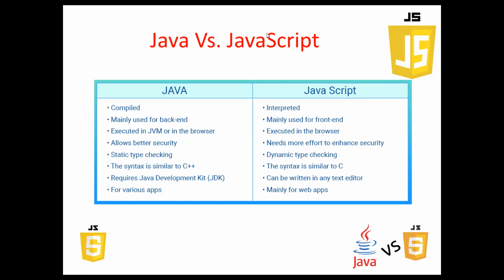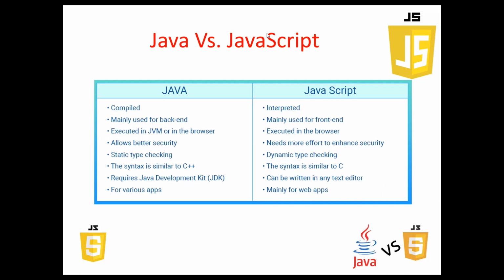In Java, the syntax is similar to the C++ language. There is another programming language called C++. JavaScript's syntax is similar to the C language. For Java, you require a special Java development kit, known as JDK. So before you write any Java code, you have to install the JDK, the Java Development Kit, and then you start writing your code.